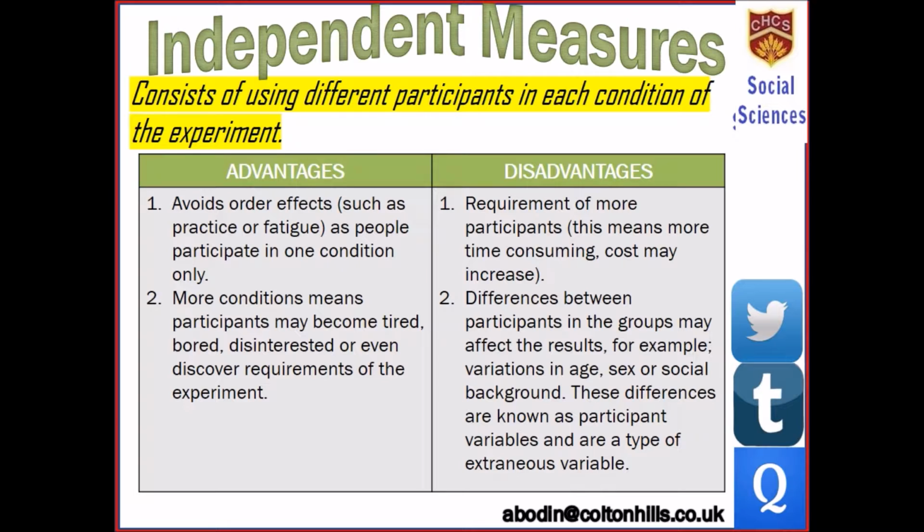So completely different participants in each condition or level of the IV, and this makes an independent measures design. As mentioned at the beginning of this session, in relation to the OCR specification, you're also going to need to be able to evaluate each experimental design.